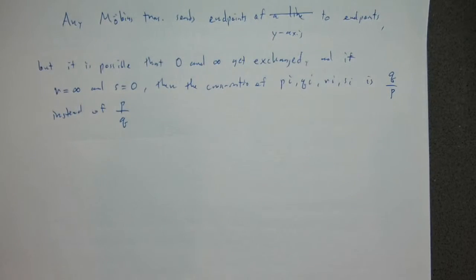All right. What that means is that these quantities are not the thing that would be left invariant by these Möbius transformations. These aren't the quantities that would be unchanged. In fact, they would be changed.